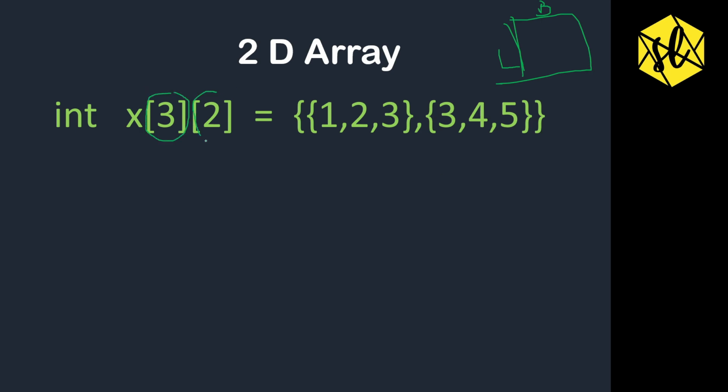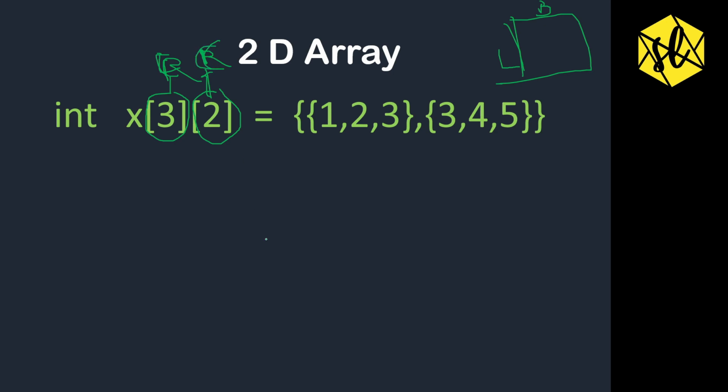This one is new for now. What are these? Basically first one is length, or you can say columns, and second one is breadth, or you can say rows. Sorry, this one is rows and this one is columns.